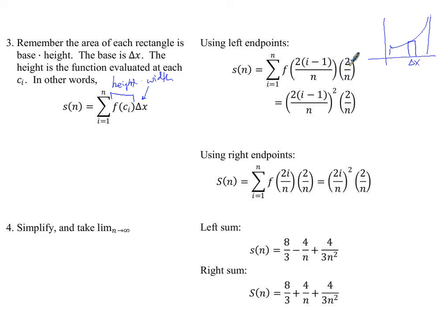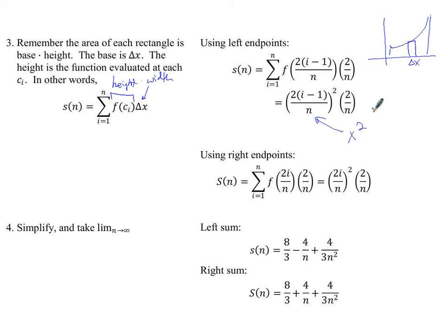Times delta x, which is 2 over n. So I evaluate the 2 times i minus 1 over n, plug it into my function, x squared, so I wind up with 2 times i minus 1 over n squared times the delta x still, 2 over n.